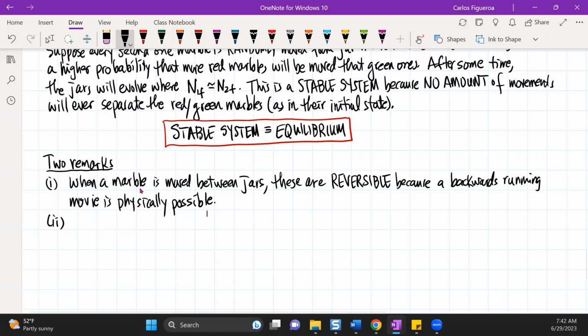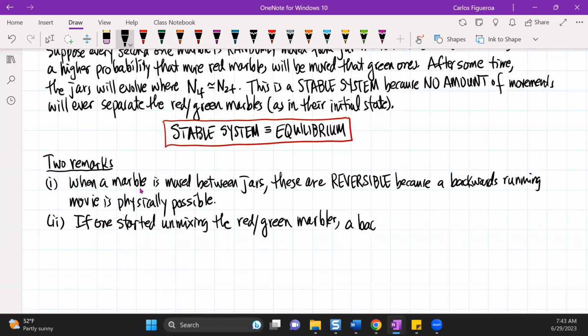Two, if one started unmixing the red and green marbles, what do I mean by that? One container gets more red while the other one gets more green.